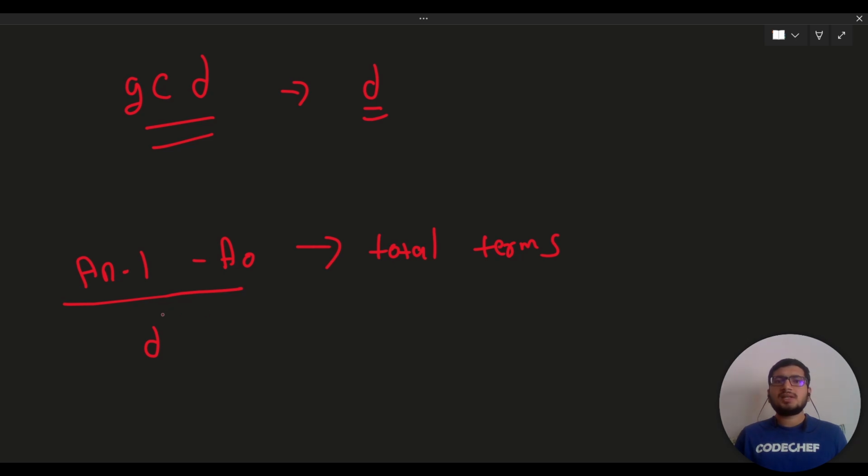So you can think of it as steps. The last number and the first number is the range, and we are going to add elements that will differ by d. So this gives us the total number of terms that are going to be in this range. And since we already have n terms, we can subtract that and get the number of terms that we have to add. And this will give us our solution.